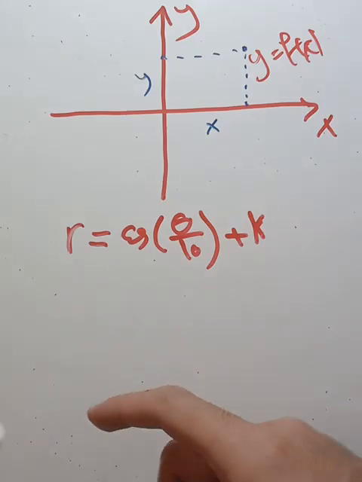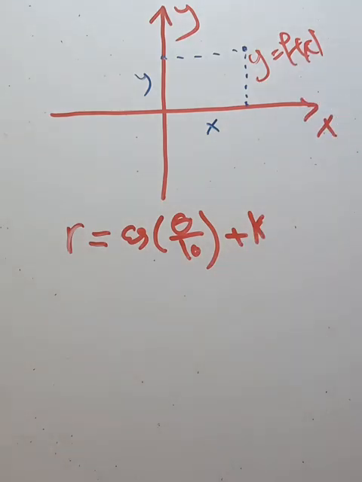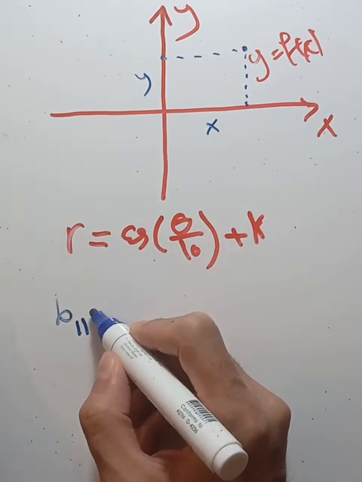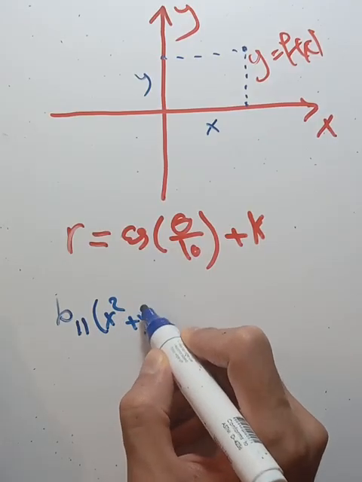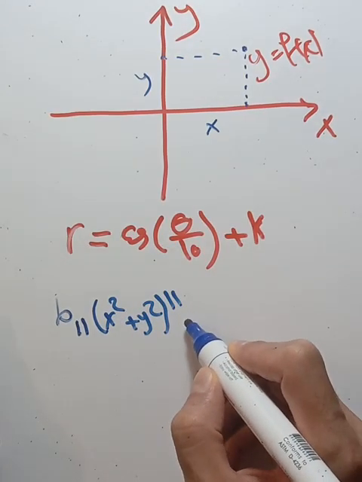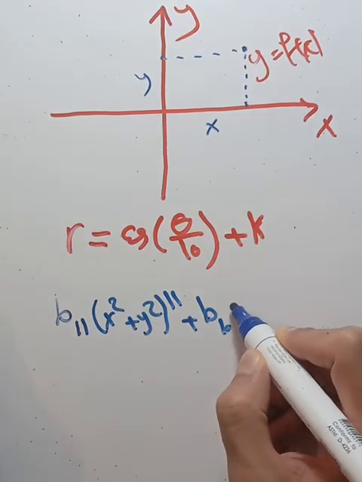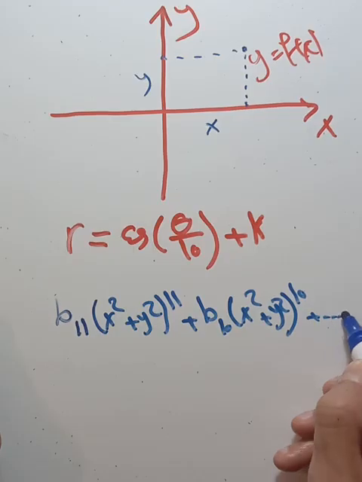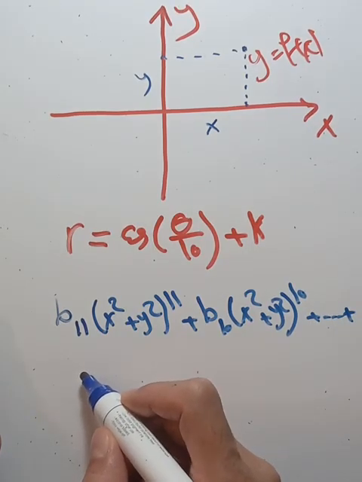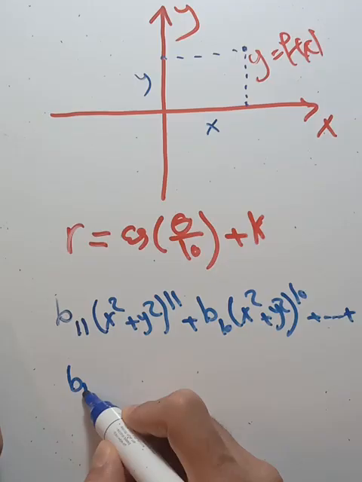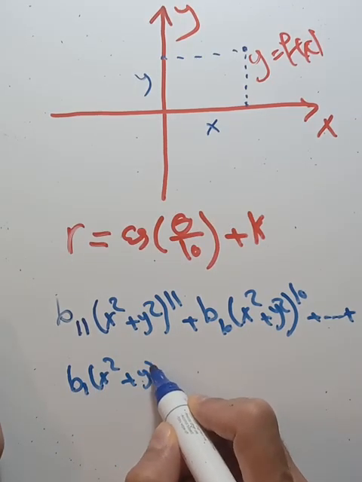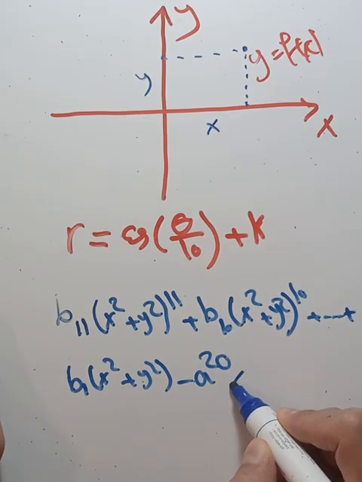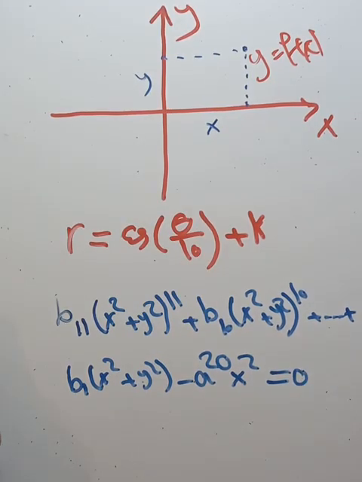But the equation of the same curve in the Cartesian coordinate system is this: b11 (x squared plus y squared) to the 11 plus b10 (x squared plus y squared) to the 10 plus dot dot dot all the way to b1 (x squared plus y squared) minus a to the 20 x squared equals 0.